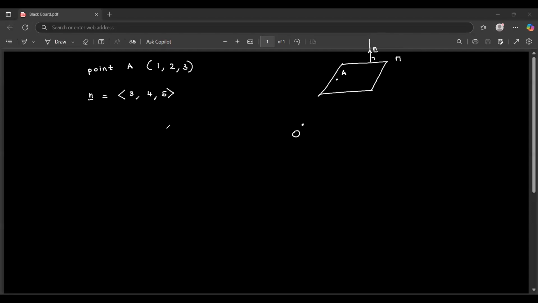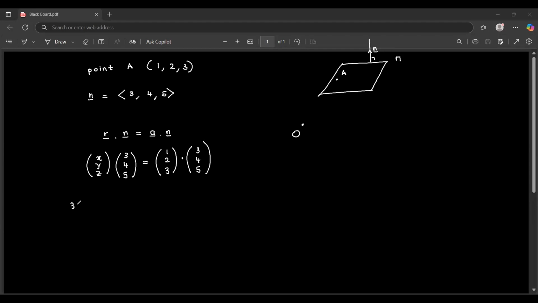First of all, let's write down the normal form, which says that A dot n is equal to r dot n. So let's write down the specific order: r dot n is equal to A dot n. Here r is (x, y, z), n is (3, 4, 5), and A is (1, 2, 3).